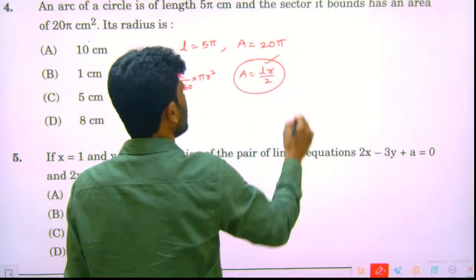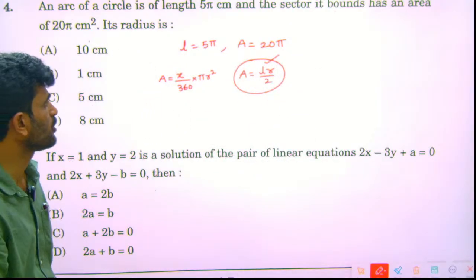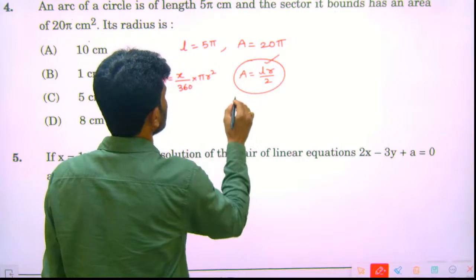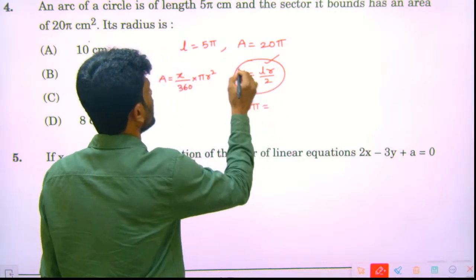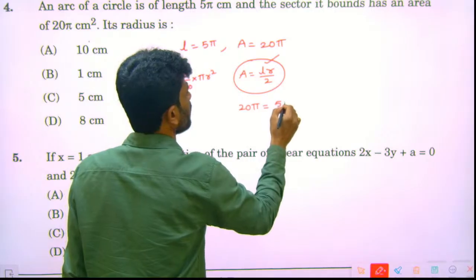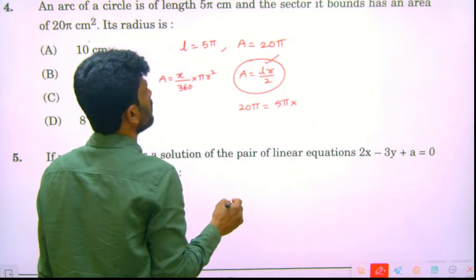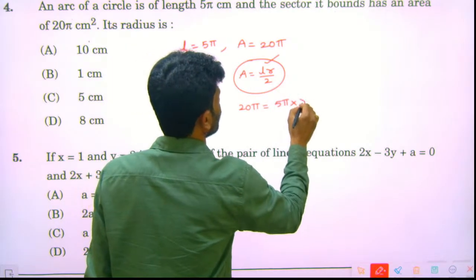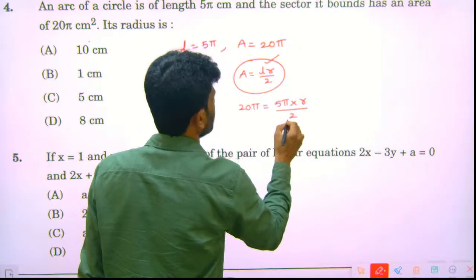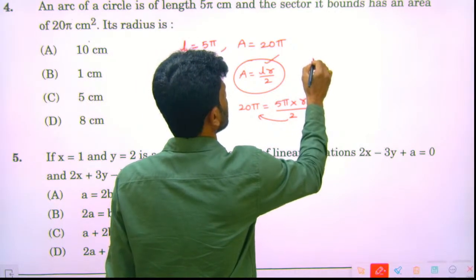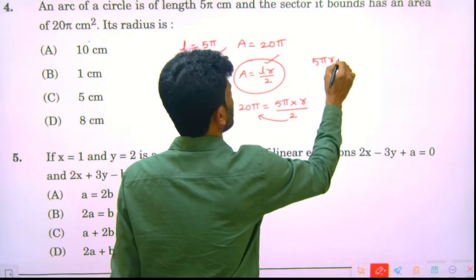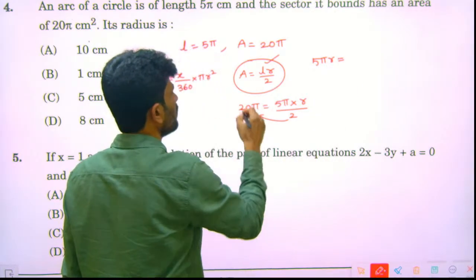If you use this formula, we get easily what is radius, because you know A and L. So here A is how much? 20 pi. 20 pi is equal to L, which is 5 pi, into R, we don't know, by 2. Transpose 2 here, then we get 5 pi R. 5 pi R is equal to 40 pi.